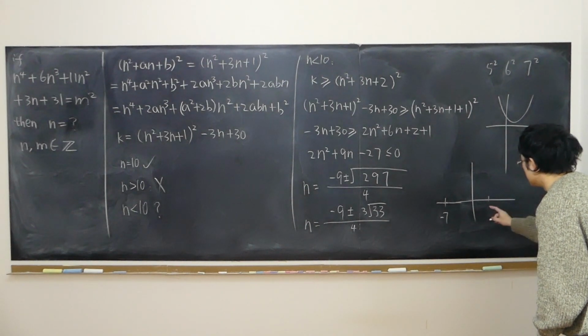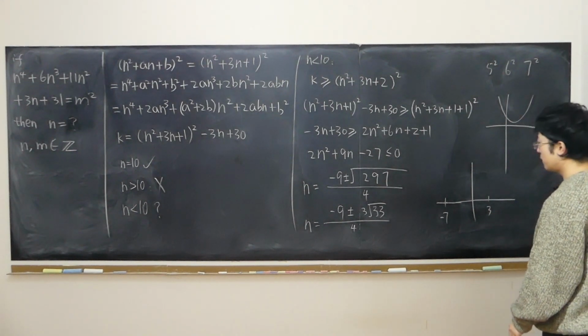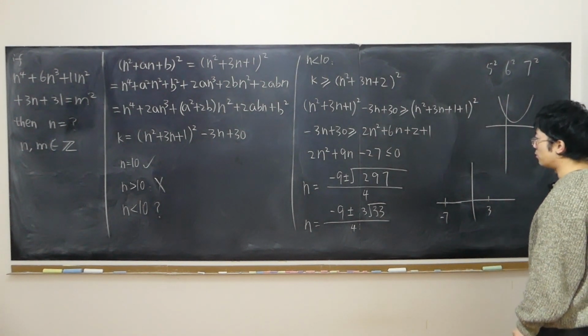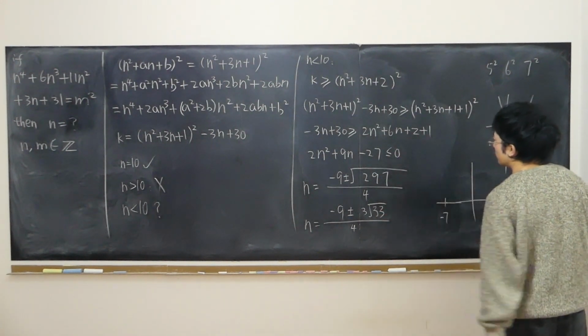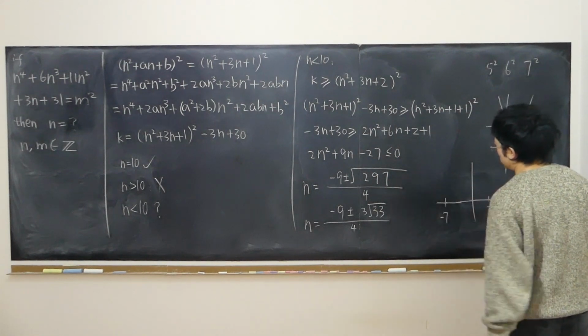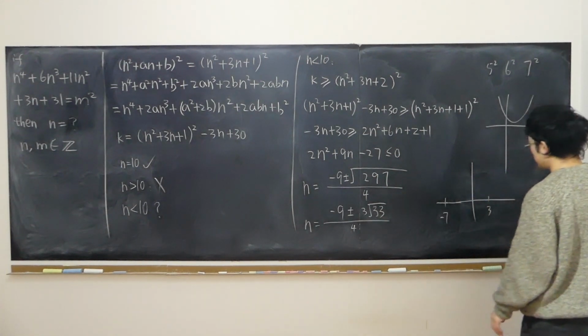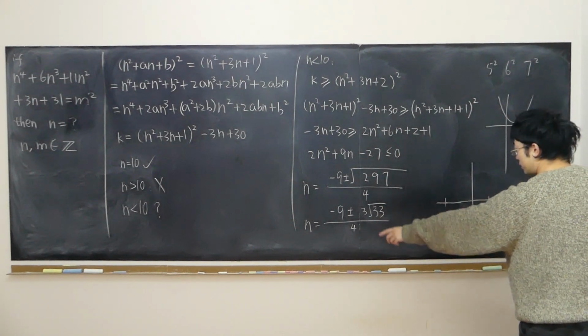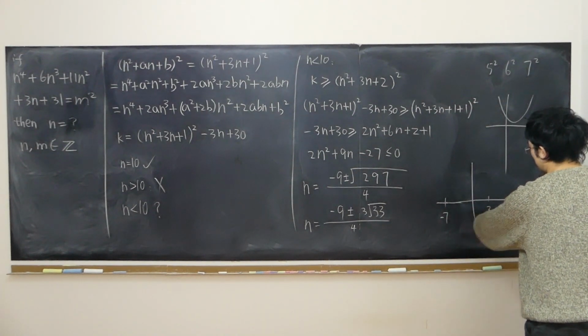And the other root is strictly less than 3. Right, so for this parabola polynomial to be less than or equal to 0, n cannot be equal to minus 7 or 3, right?